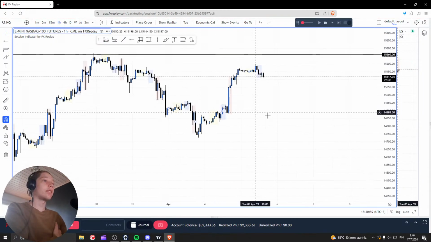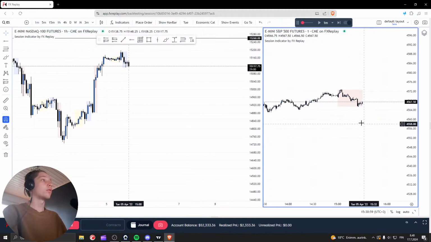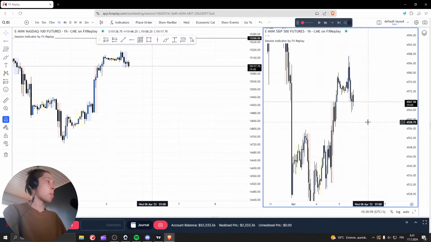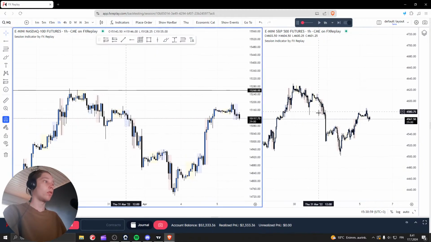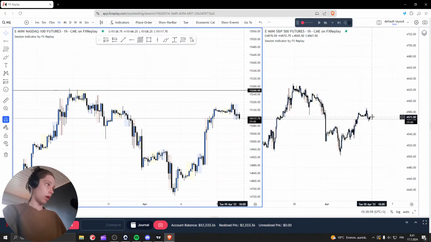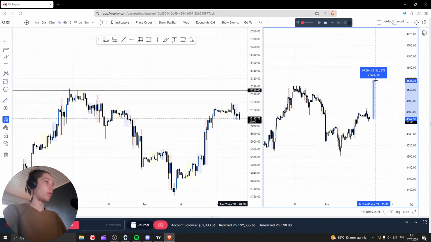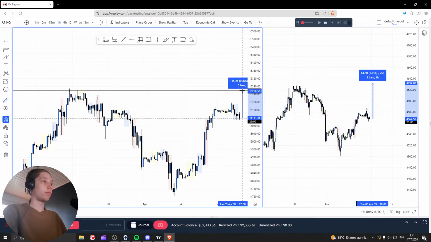And this daily hourly still looks like a market maker buy model, I'm not going to lie. ES is a little bit more extended to the downside, where it has a little bit more room to run higher.